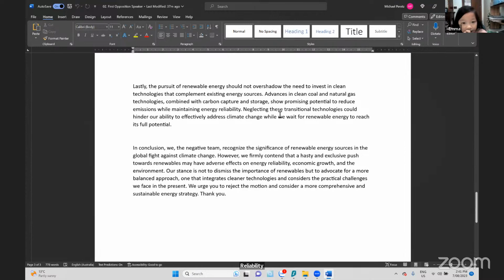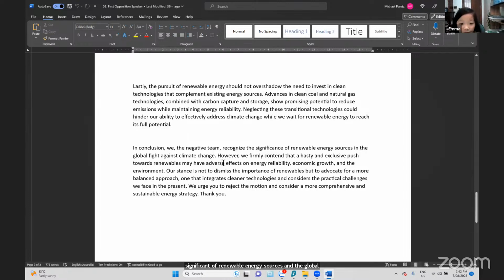Neglecting these transitional technologies could hinder our ability to address adverse climate change while we wait for renewable energy to reach its full potential. In conclusion, the negative team recognizes the significance of renewable energy sources in the global fight against climate change.